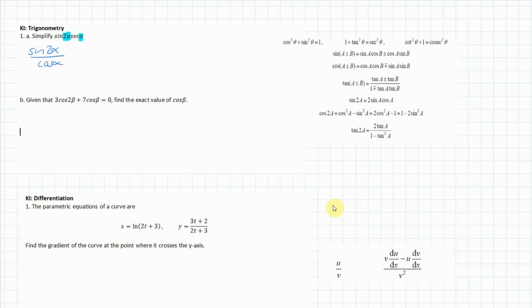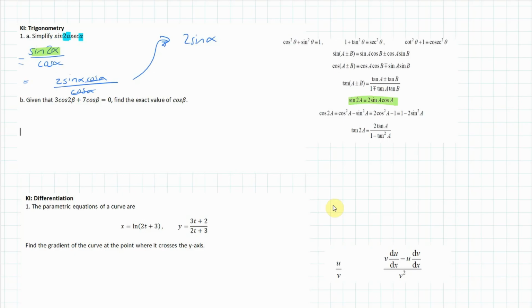Then for this bit here, I can use the double angle rule. So in my next line, I might write it as 2 sine alpha cosine alpha all over cosine alpha. And at this point you can see cancel, cancel, and this will leave us with 2 sine alpha. There's a final answer for that one.